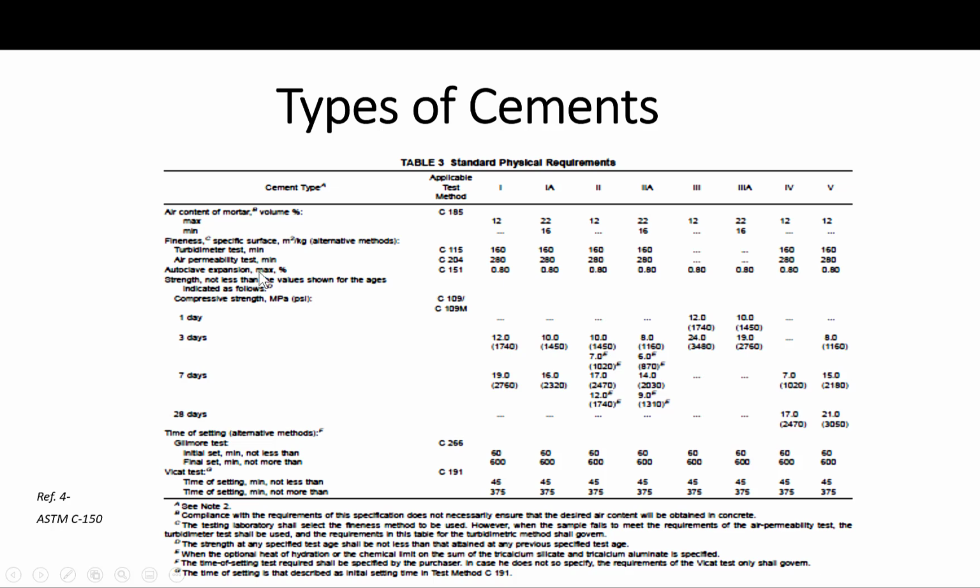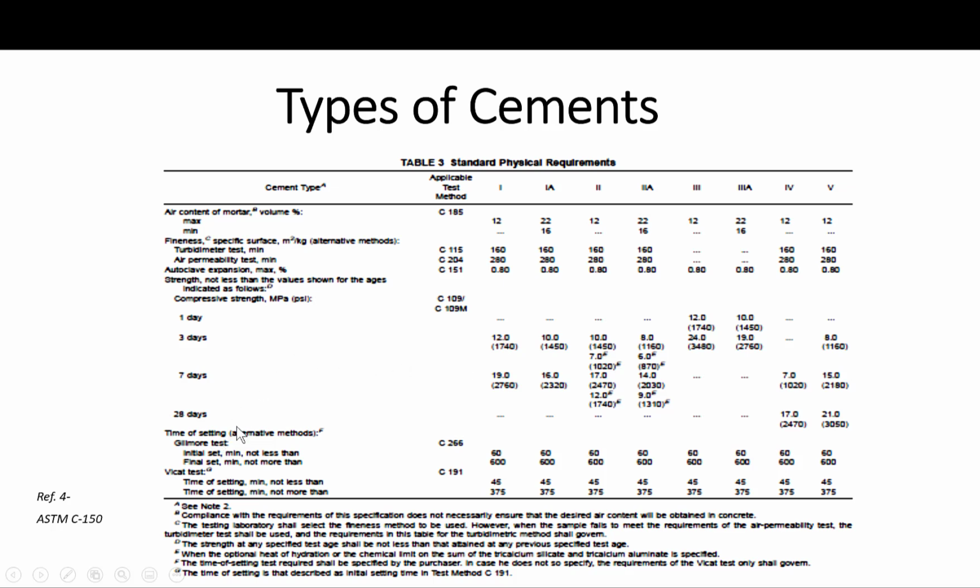The autoclave expansion, strength, compressive strength. These are physical, as I said, standard physical requirements that are required by the concrete producers to provide this information when they submit that cement mill certificate.